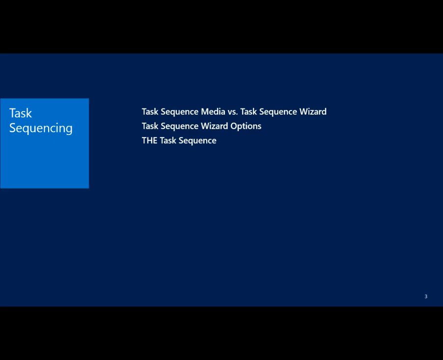So we'll look at those two items for sure, and then look at the elements of the task sequence, kind of walk through creating a basic task sequence and show what some of the elements are to actually get the image deployed that we created in the last session, and then at that point we'll wrap up.